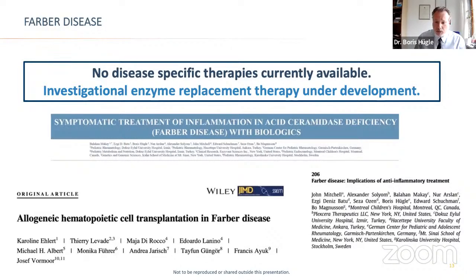So these are the patients where you would really wish for a quick treatment, and if they have any neurological impairment, as the early forms frequently do, the results are very bad. So it's not an optimal treatment. Enzyme replacement therapy is under development, and we're really waiting for that to be developed.